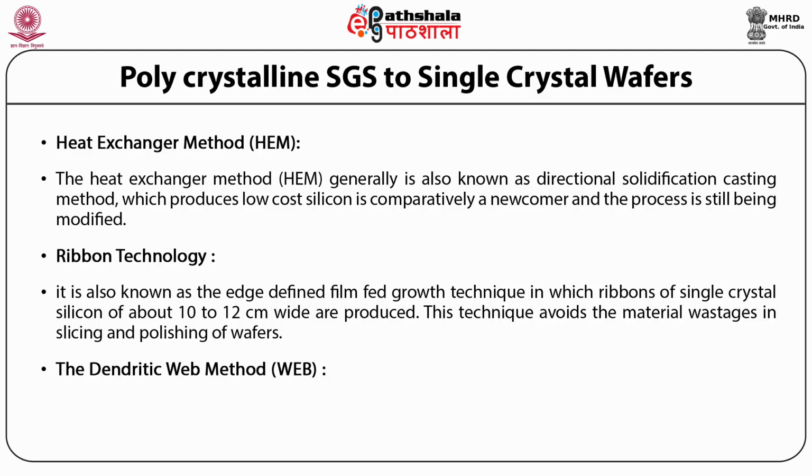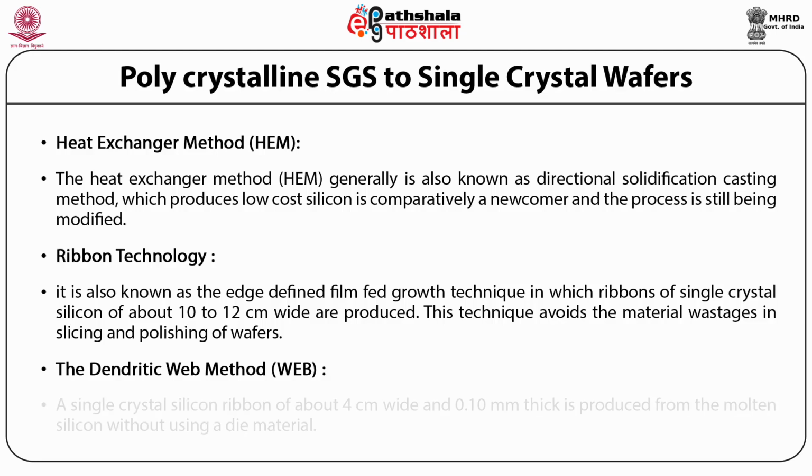As the silicon ribbons produced in this process are very thin and smooth, wafering and smoothing are not required to produce a single crystal silicon. At present, this technology is one of the least expensive technique for producing the single crystal silicon. The next technology is the dendritic web method, that is WEB.